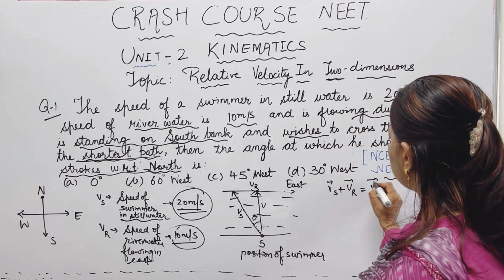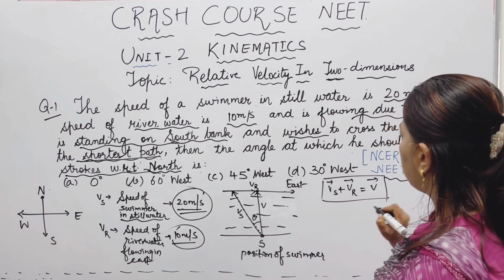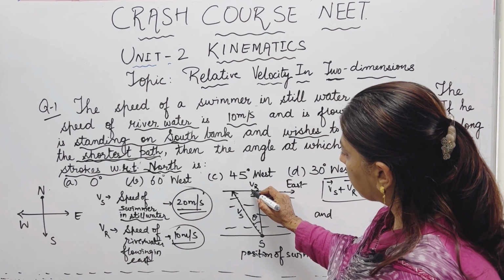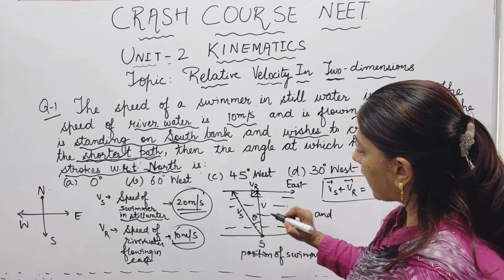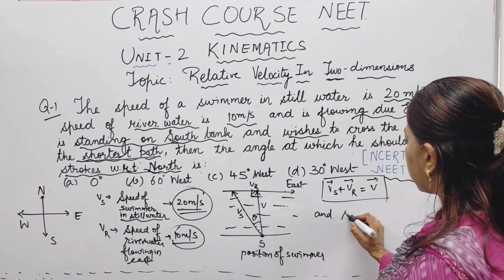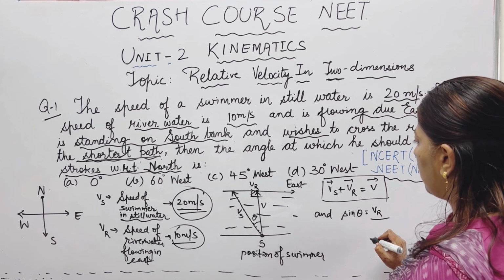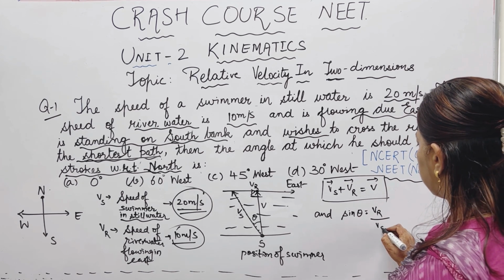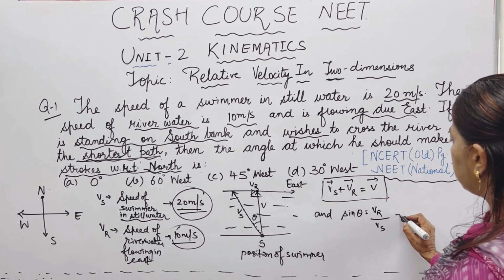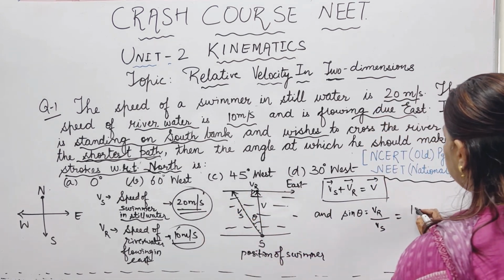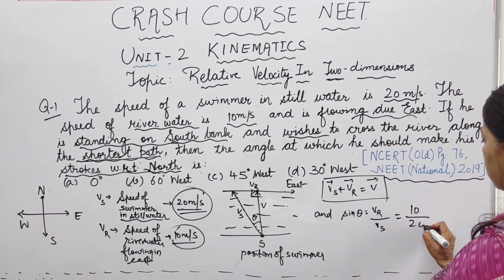This is according to the triangle law of vector addition, and this is the perpendicular and opposite the angle is theta. So sine theta is equal to vr over vs. Now vr, the velocity of the river is 10 and that of the swimmer is 20.